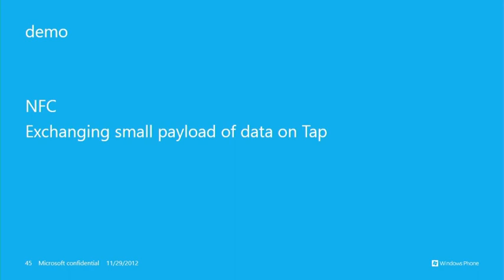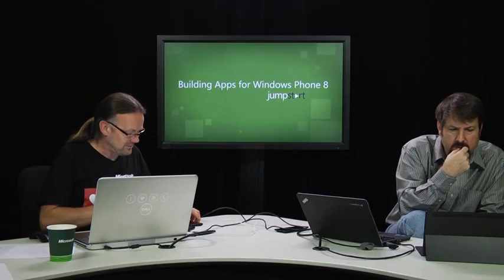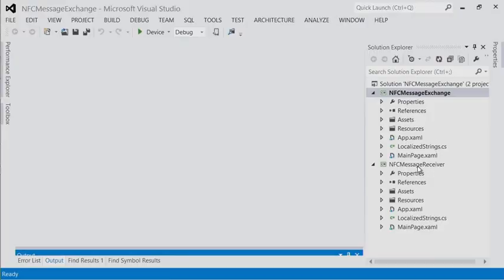So let's see where we're at. I've got a solution. I need to show you some code. I've got two solutions, Nfc Message Exchange, which is the sender side, and Nfc Message Receiver, which is the receiving side.